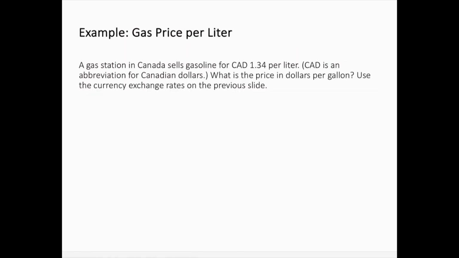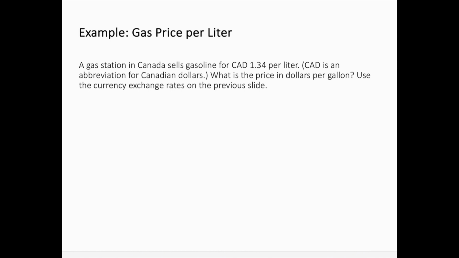So in this next example, it's going to get a little bit more tricky because we have 2 units to convert at the same time. When we read this, it says a gas station in Canada sells gasoline for $1.34 Canadian dollars. That's what the CAD stands for. What is the price in dollars per gallon?